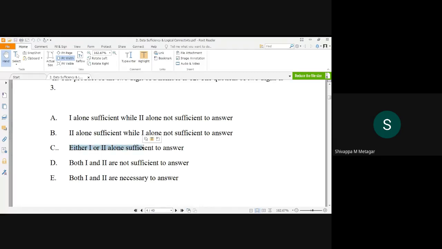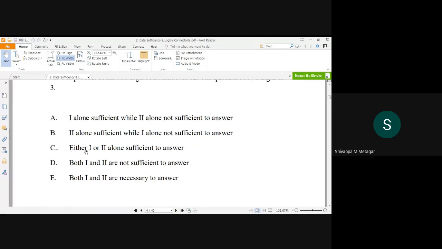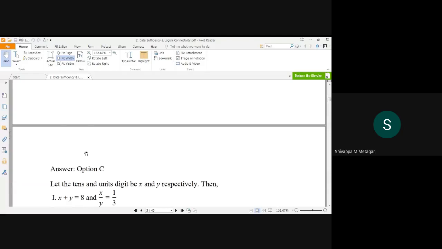It means we can find the values of x and y separately, by using statement 1 and then by using statement 2. So your right answer is either 1 or 2 alone is sufficient to answer the given question. Okay, is it clear? Your answer is the third one. Now we can go to the next question.